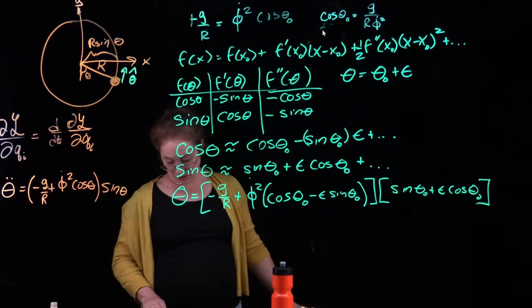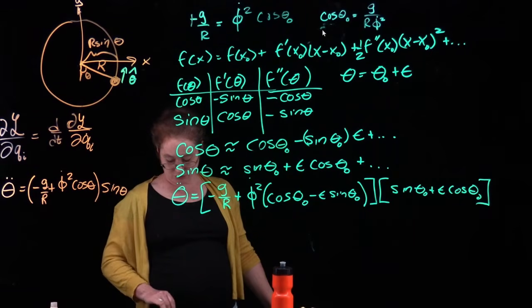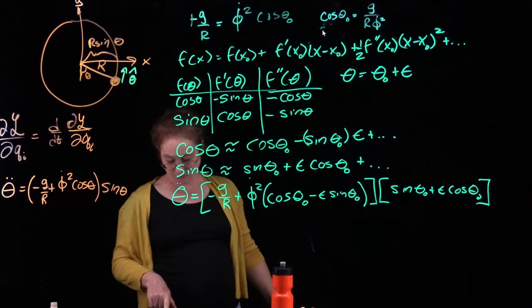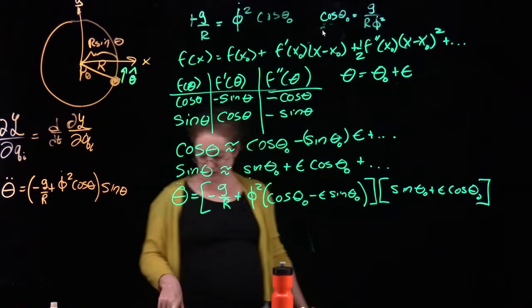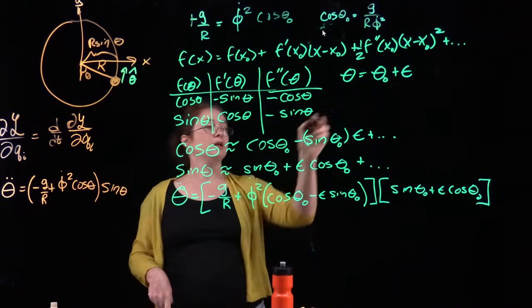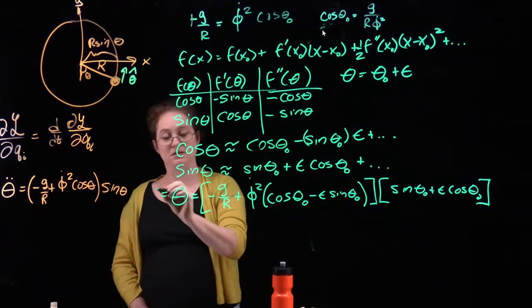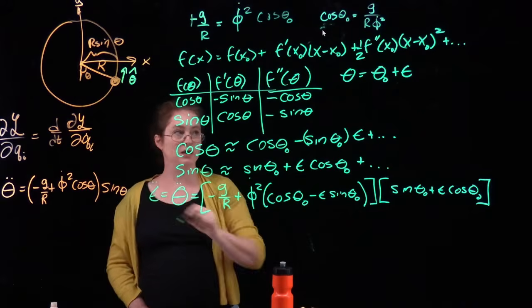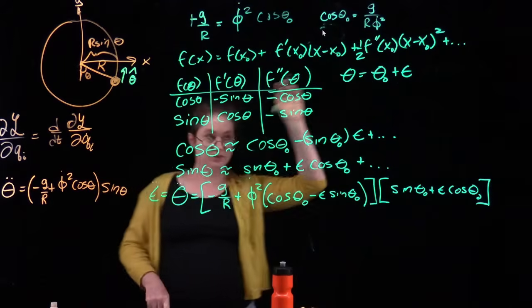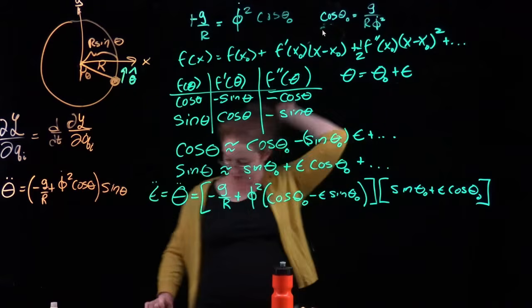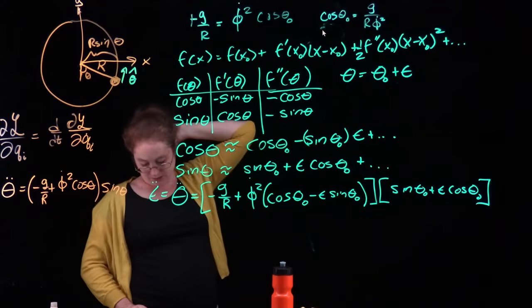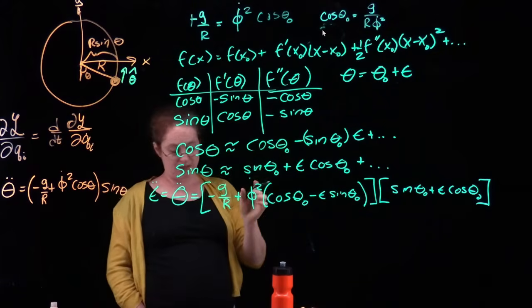And we are only going to keep terms of order epsilon. And we're going to note here that this is epsilon double dot, because this term is a constant, so we take the first derivative and we get epsilon dot, and the second derivative and we get epsilon double dot.